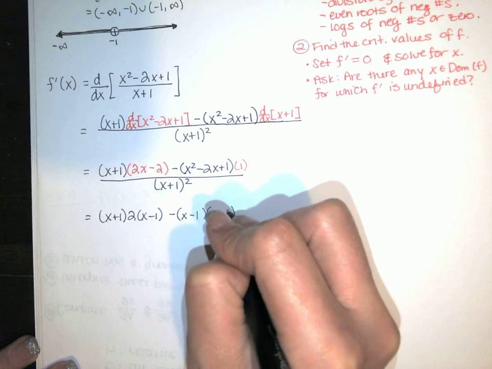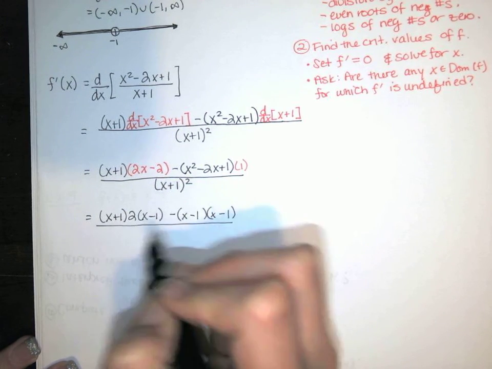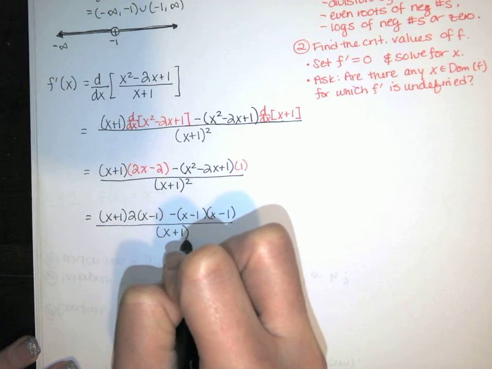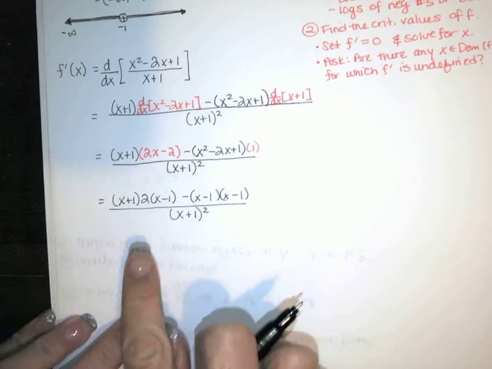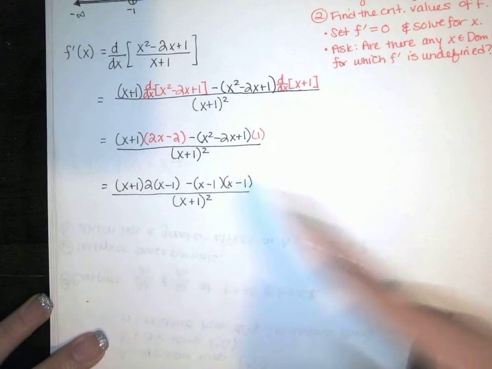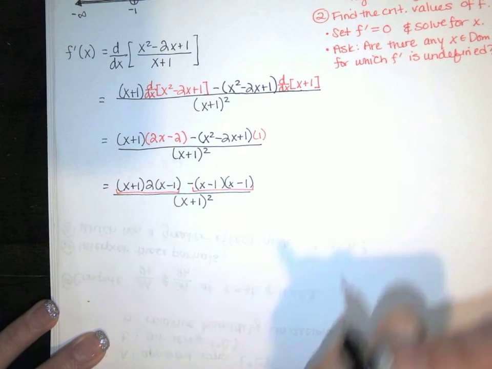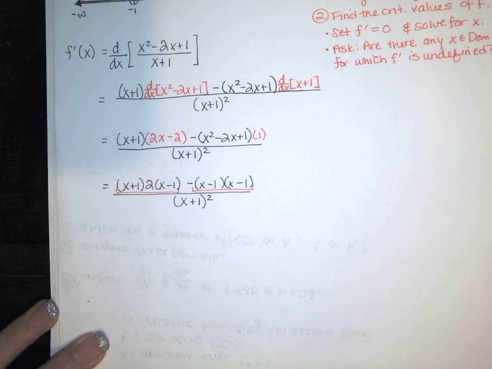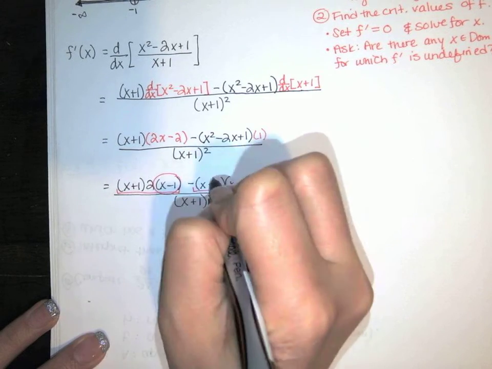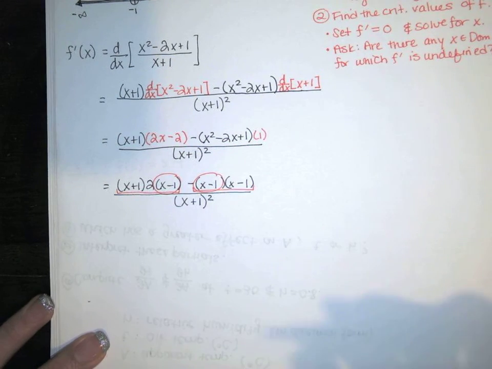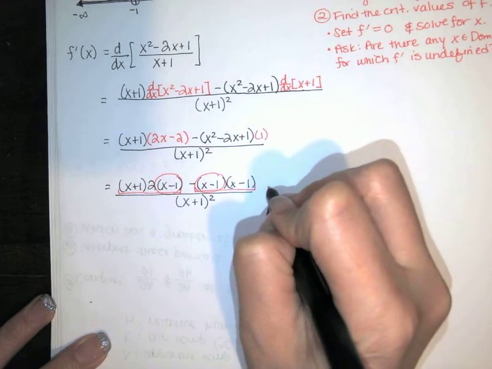Well, negative 1 and negative 1 will work. Actually, I don't even need to simplify that further because I want to factor out any common factors here and here. So I'm looking at this and I'm looking at this and I'm saying, what do they have in common? Notice they both have an x minus 1. So I can factor that out from everything.